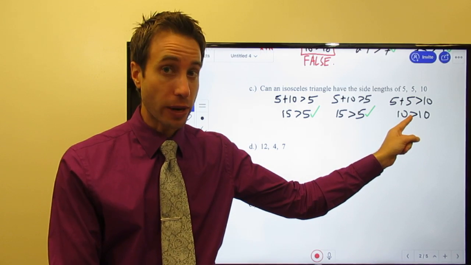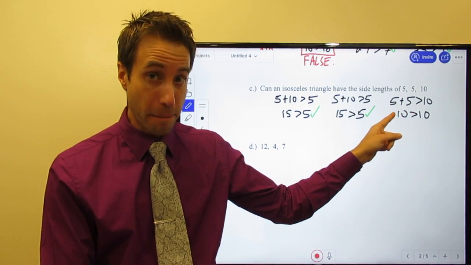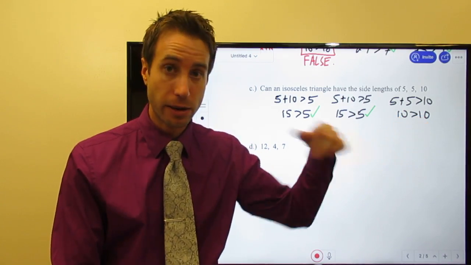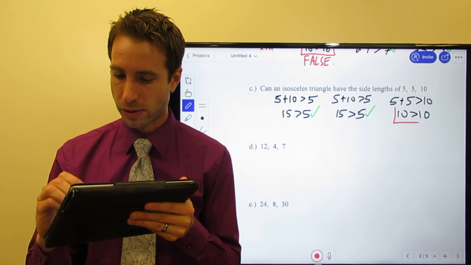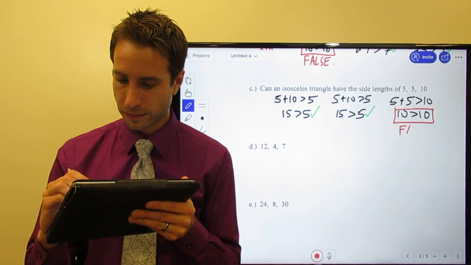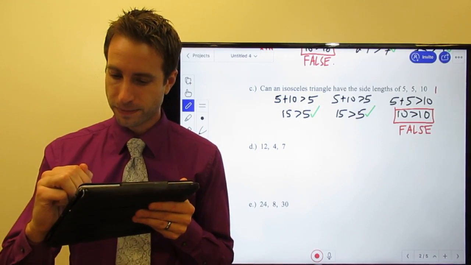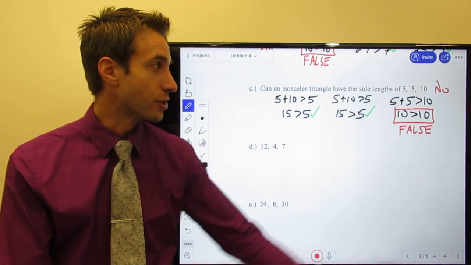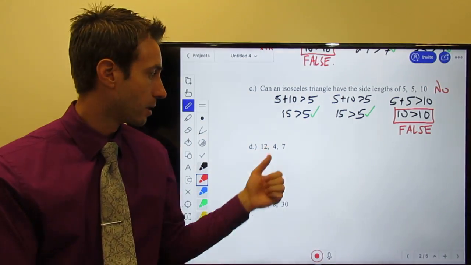But this doesn't say greater than or equal. This says greater. I need this number to be bigger than 10. And it isn't. It is 10. This is false. As soon as one of them is false, you're done. The answer is no. Those will not work to build a triangle. Can't do it. Keep going.